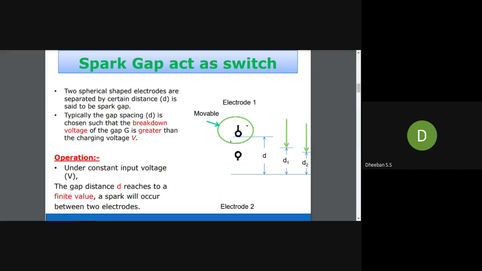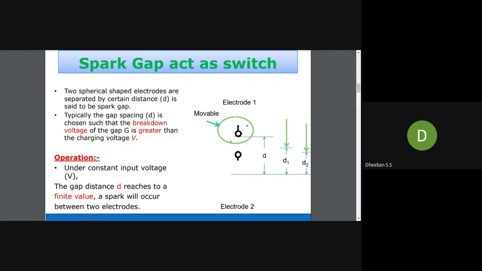The gap space d is chosen such that the breakdown voltage of the gap G is greater than the charging voltage. So the output we get from this spark gap must be greater than your applied voltage.